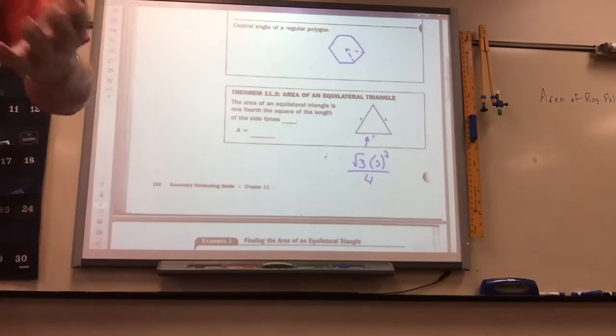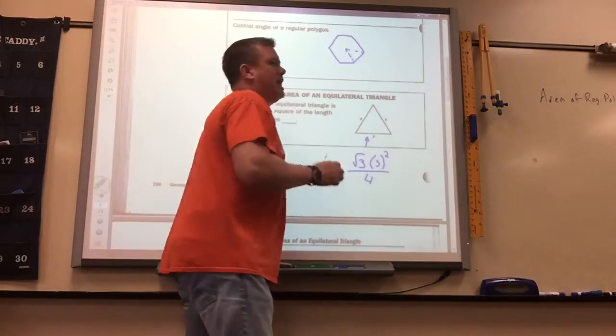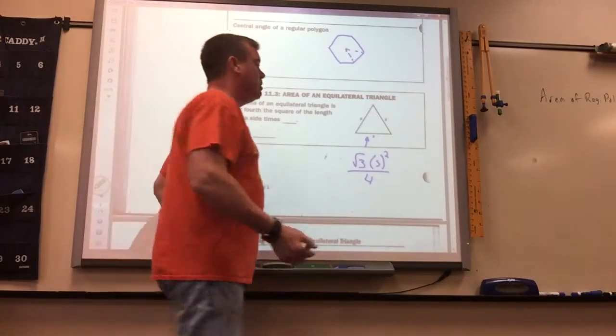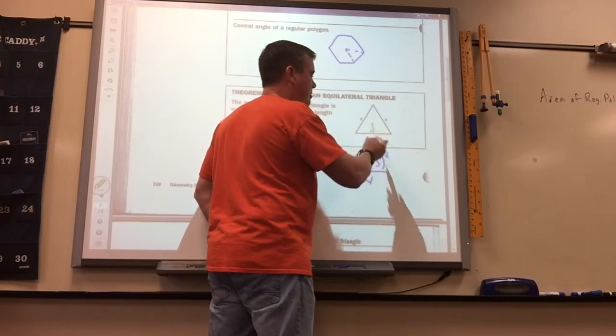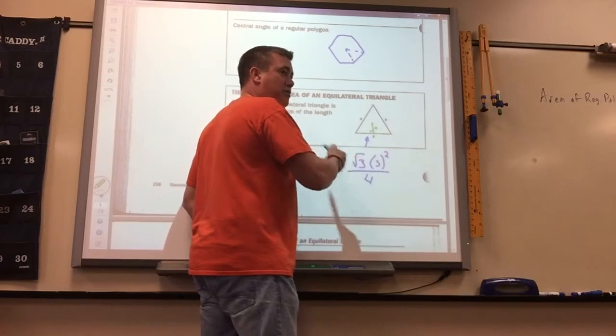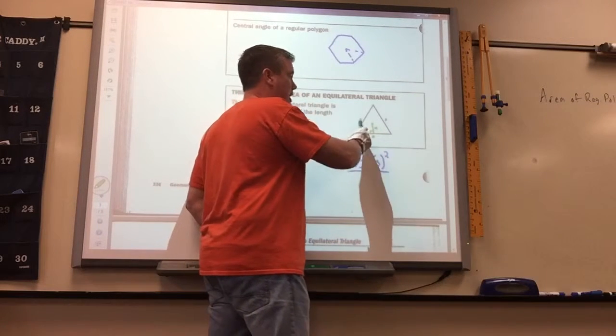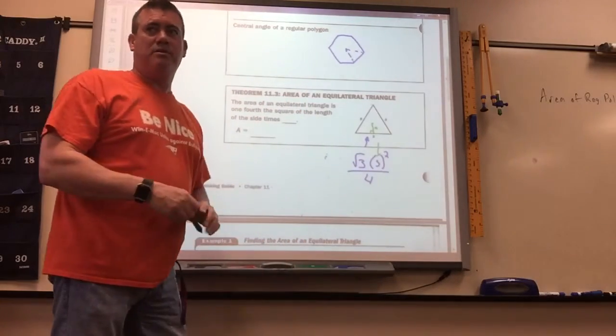That's some different numbers to put in there, but it's the easiest thing to do, because if we used AP divided by 2, we would have to figure out what this value is right there, because that's the apothem. Now, if we use this formula, we don't have to figure anything out, because we need to know a side, so you just plug whatever the length of the side is into that formula.